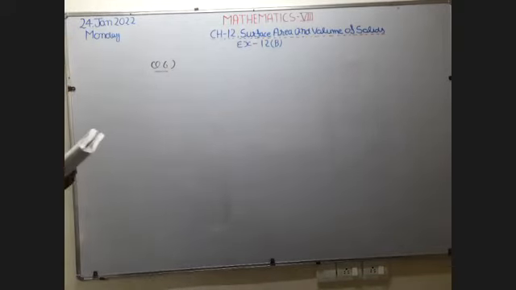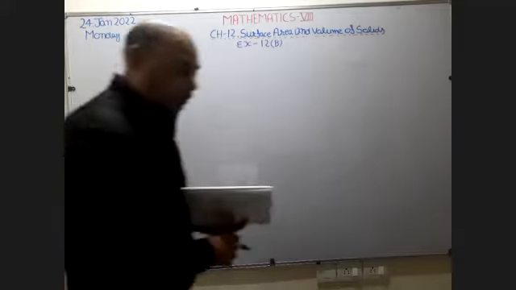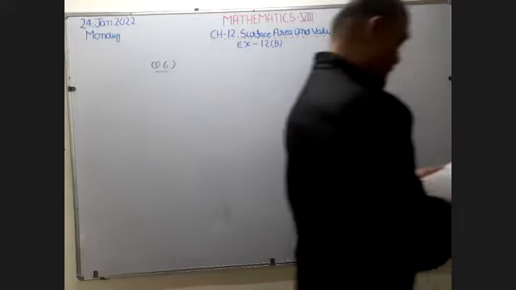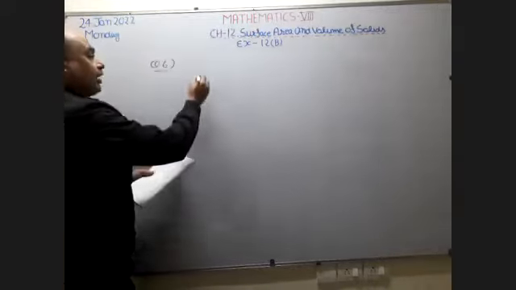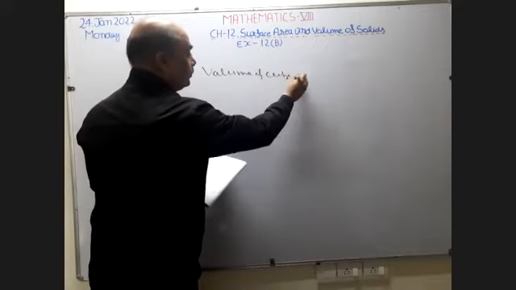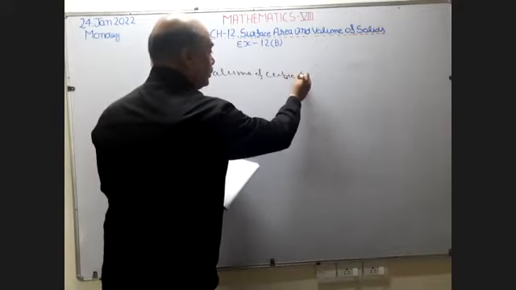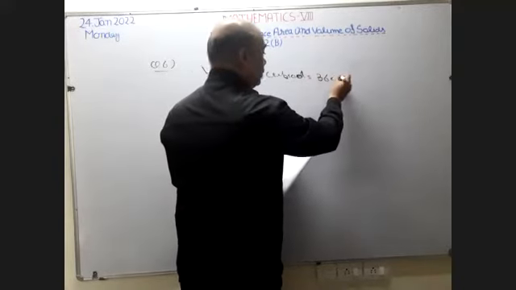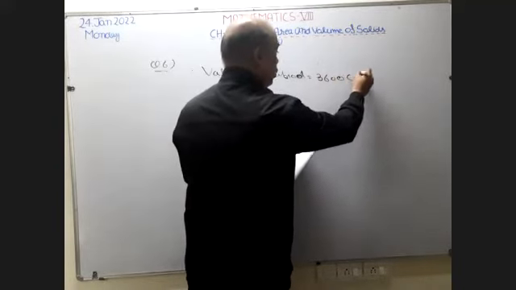Now in this question, the volume of cuboid is given. Write volume of cuboid. What is the given volume of cuboid? 3600 centimeter cube.